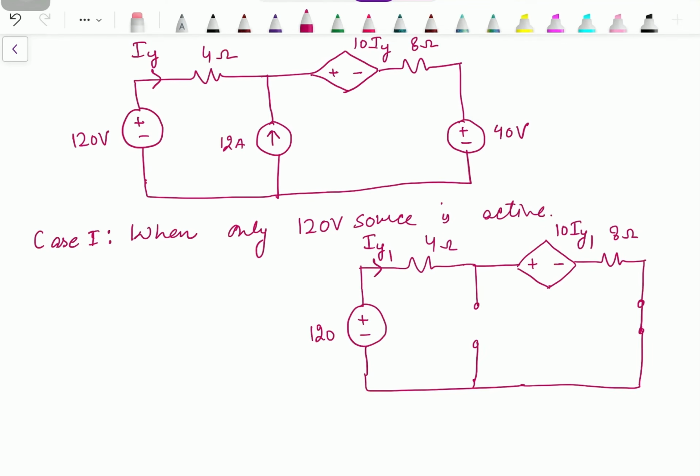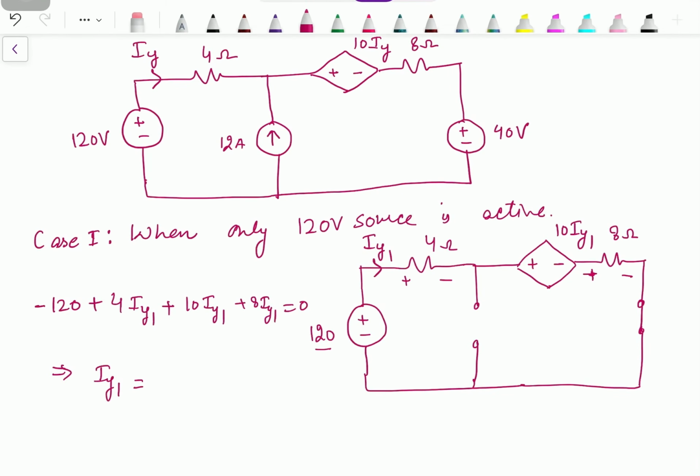So it's a current dependent voltage source. We need to find IY. We can simply apply KVL in this loop. This is very simple now. If we start from the 120 volt source: minus 120, plus the drop across the 4 ohm resistance, 4 IY1, plus 10 IY1, plus the drop across the 8 ohm resistance, 8 IY1, equals 0.